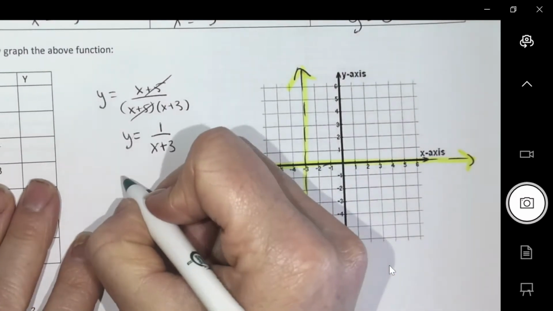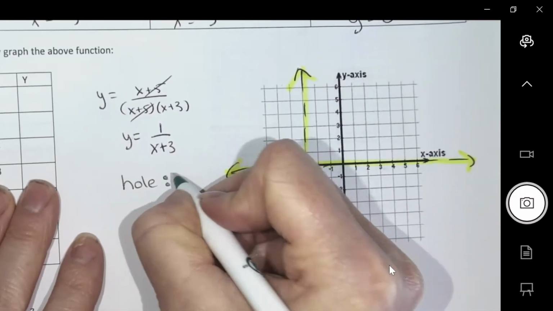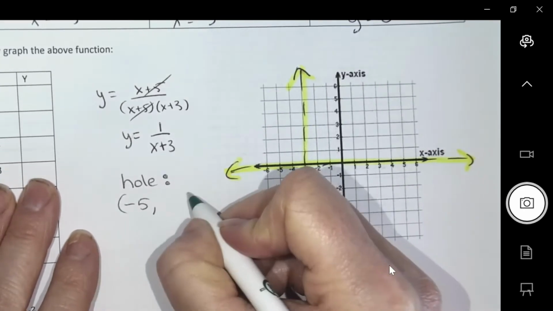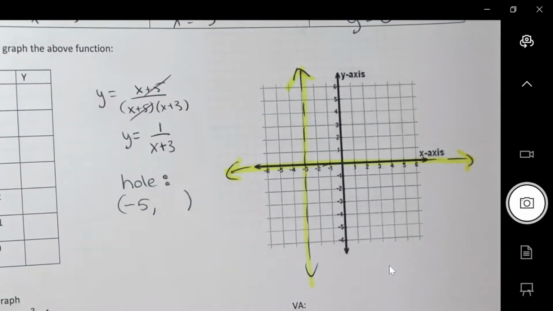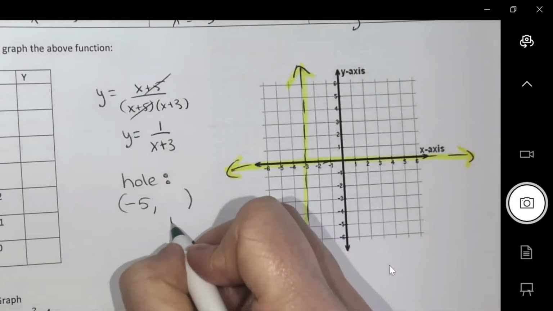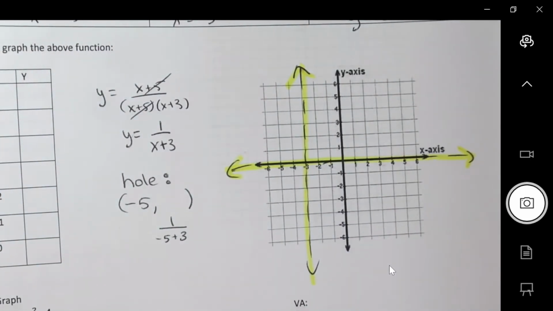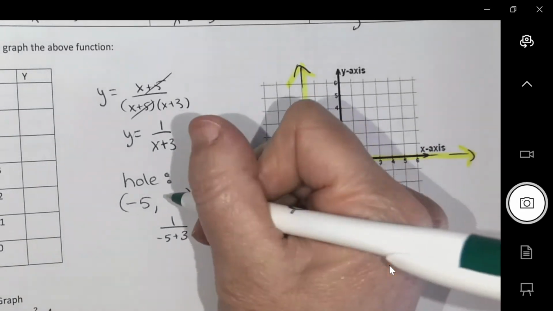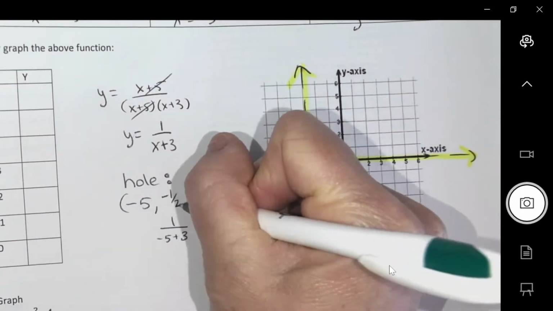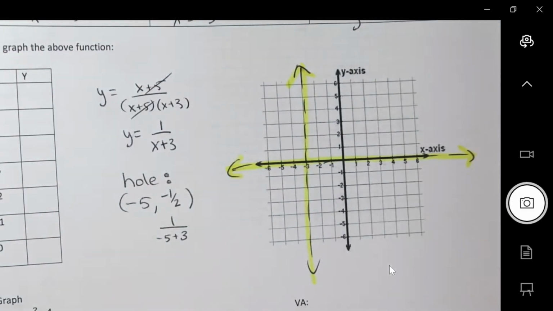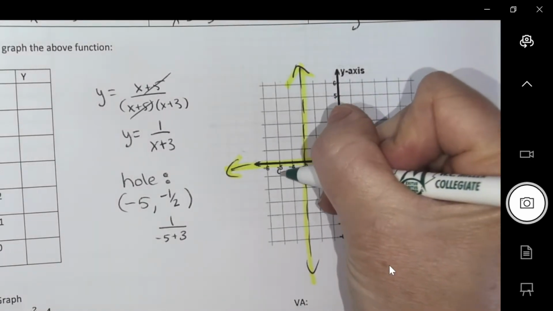What's the coordinate of the hole? -5, comma, what? Can you plug in -5 into that for me? What is that actually as a number, as a fraction probably? -1/2, because the bottom's -2. So -5, comma, -1/2.